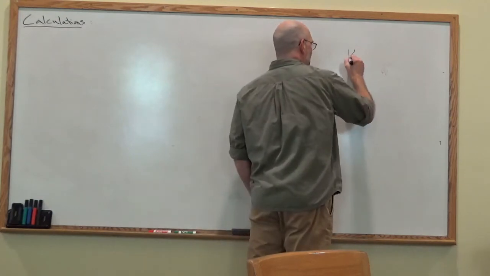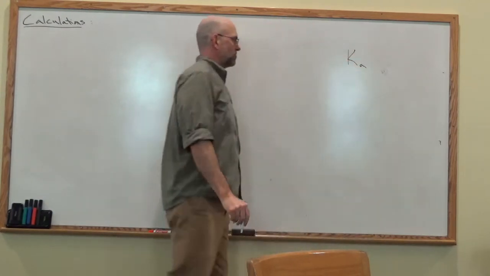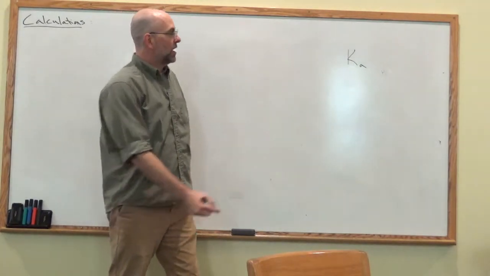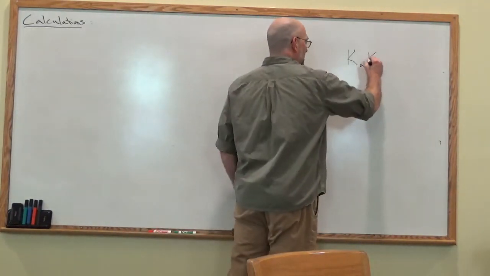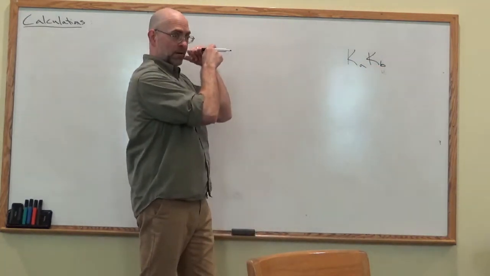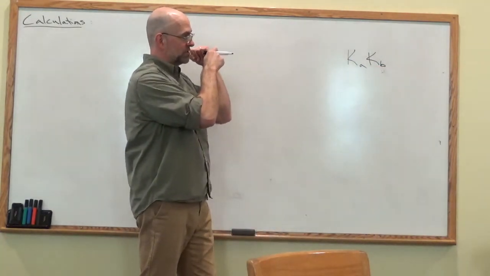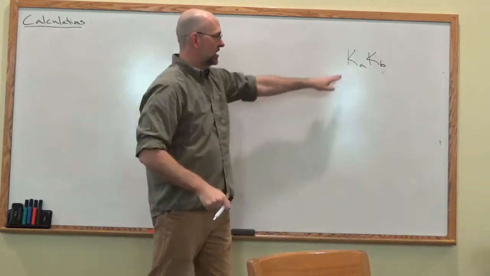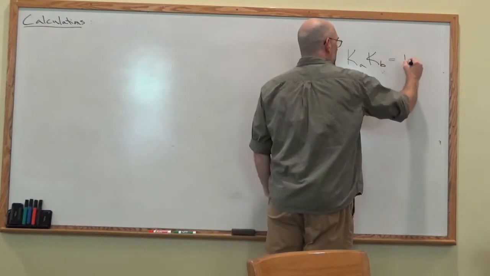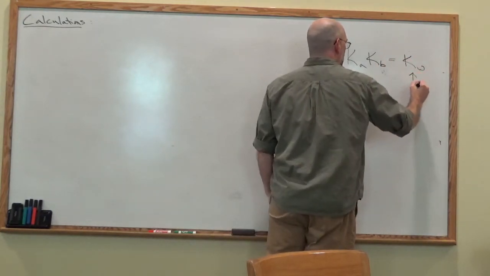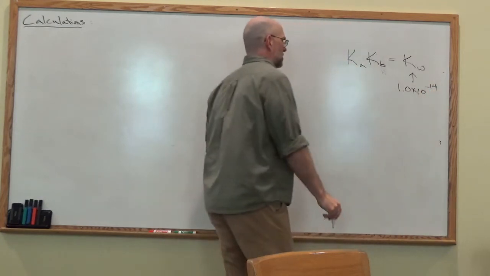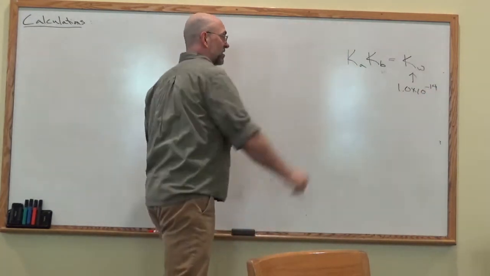If you take the Ka of a weak acid, and you multiply it by the Kb of its conjugate base, going in the reverse direction, this is a conjugate acid-base pair, take the Ka and multiply it by the Kb, that equals the Kw. So you can convert one to the other.